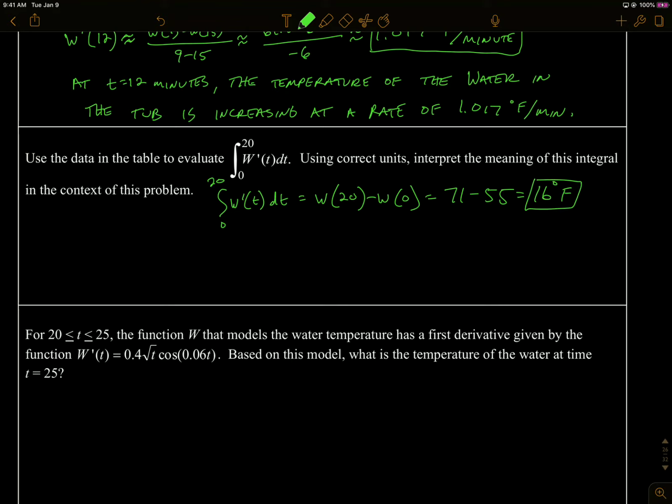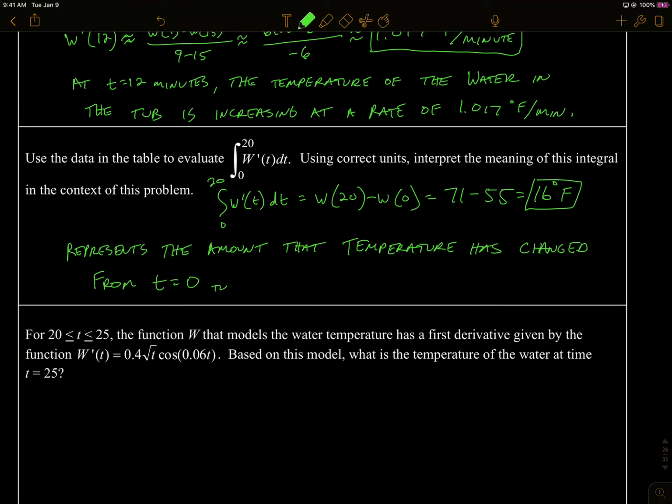And what does that represent? Remember, when we do this integral, it represents the amount that temperature has changed from t equals 0 to t equals 20 minutes. So in this case, the temperature rose.